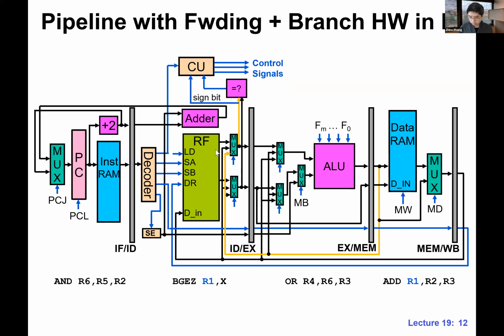Here we assume that this addition is already in the MEM stage, and the branch is currently in the ID stage. We want to enable this forwarding, so that the branch doesn't read out the old R1 from the register file. Instead, we want to read the new one, and we want to take this path. Any questions?